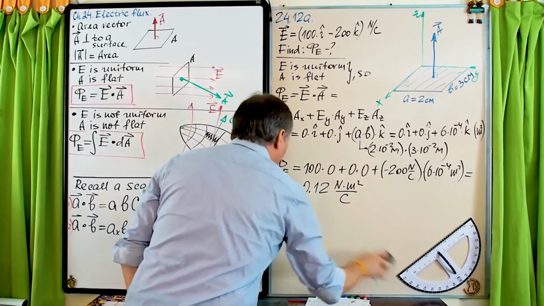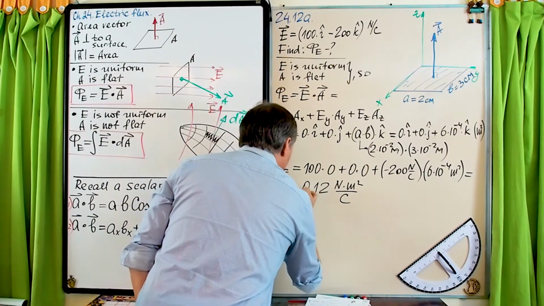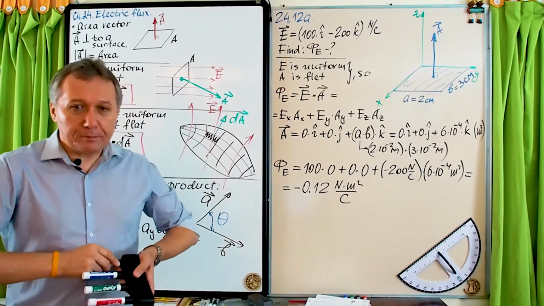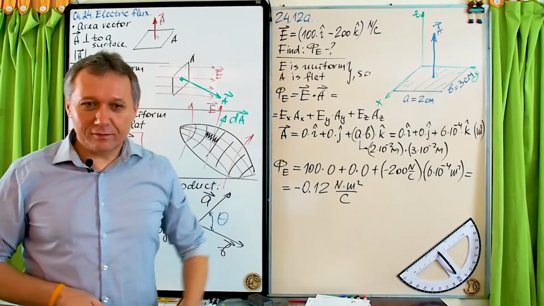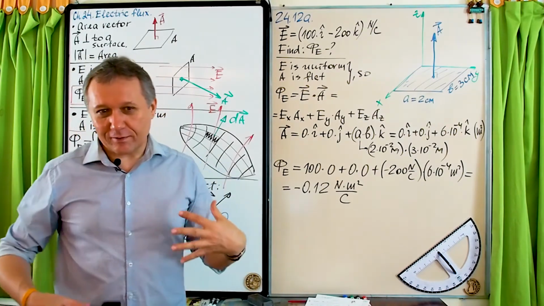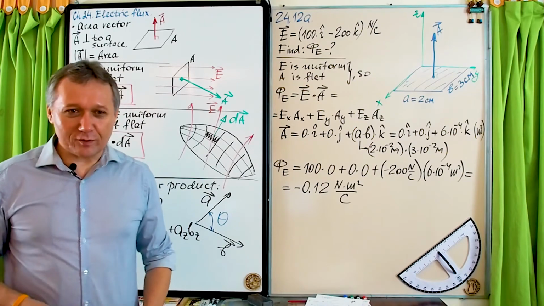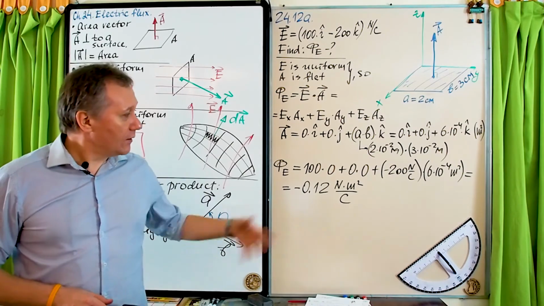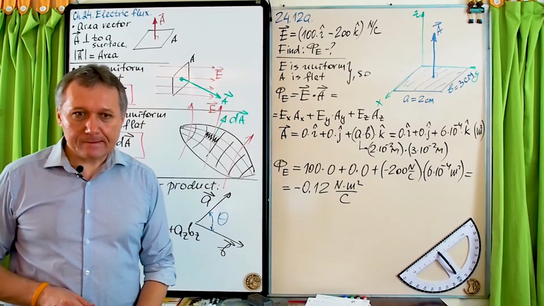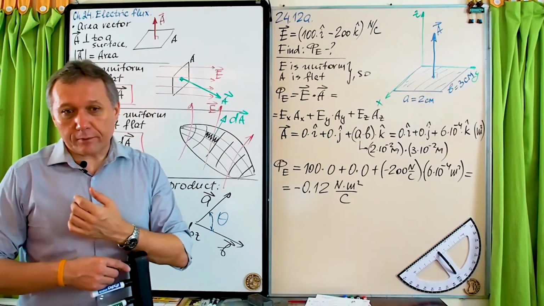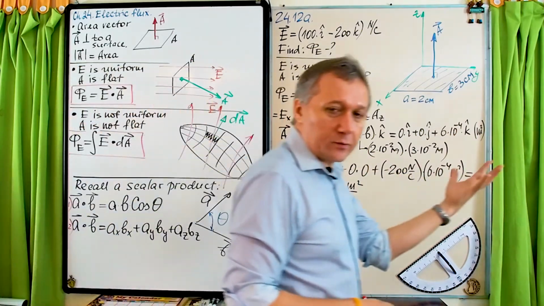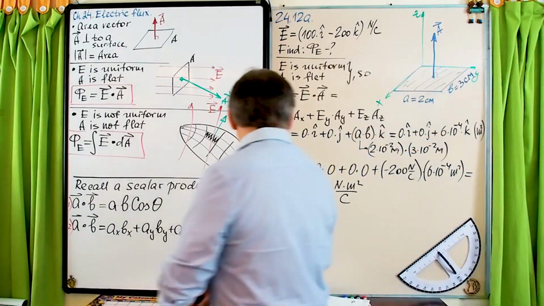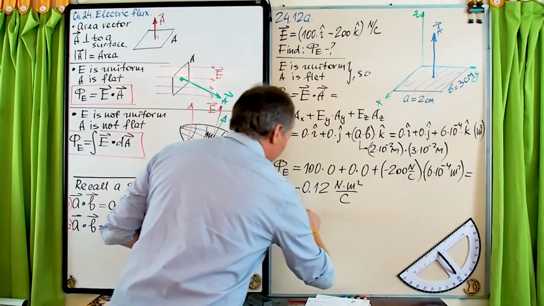Oh, minus. I said minus, but I didn't write it down. But again, it's possible to get plus if I picked my area vector downward. If I pushed myself to choose that direction, which seemed not very convenient, flux would be positive. Right now we have the freedom to choose the direction of the area vector this way or that way. But when we get to Gauss's law, that freedom will disappear. So that's the answer.